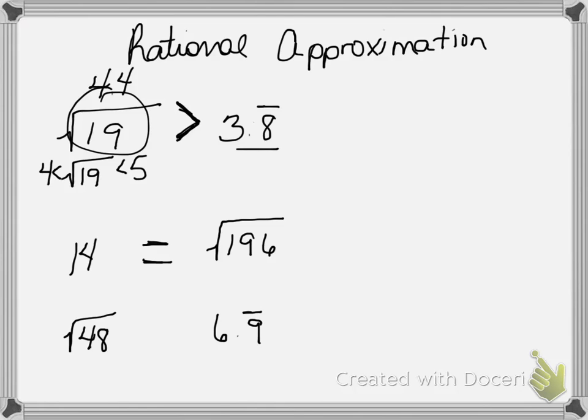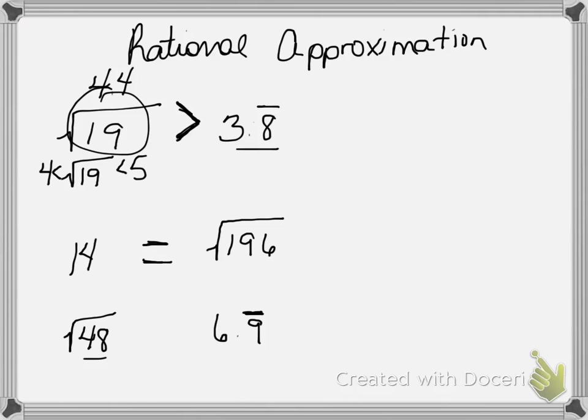Okay, square root of 48 and 6.9 repeating. This symbol on top of the 9 means that it is repeating: 6.9999999. The square root of 48, I don't know what that is. I know the square root of 49 is 7, so this has to be less than 7, but that doesn't really help me because this is also less than 7. So I'm going to type it in my calculator. The square root of 48 is equal to 6.92820323.